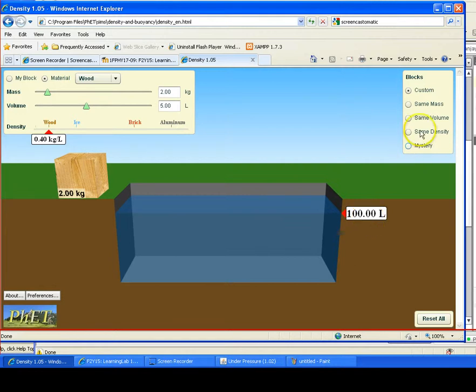So now what are we going to do? Let's select this as custom. That's what I've done, custom block. Under the properties control, I'm going to make this my block. Look at the volume of the block. It's set to 5 liters. 5 liters is 5 × 10^-3 meter cubed.